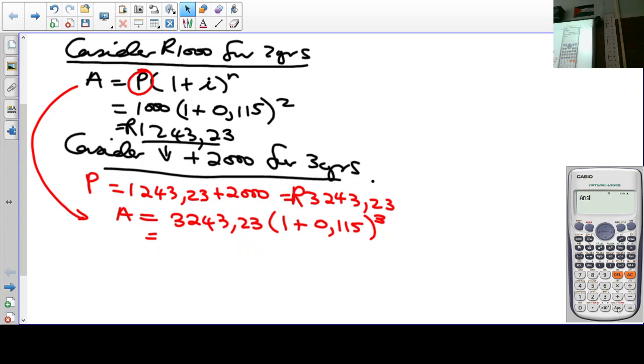Here's answer, again the last answer calculated in the calculator, into 1 plus 0,115 to the exponent 3. That gives you 4,495 rand and 75 cents.